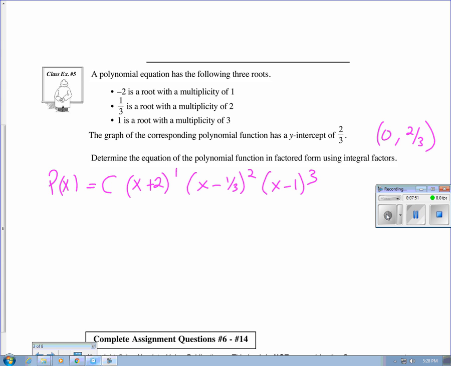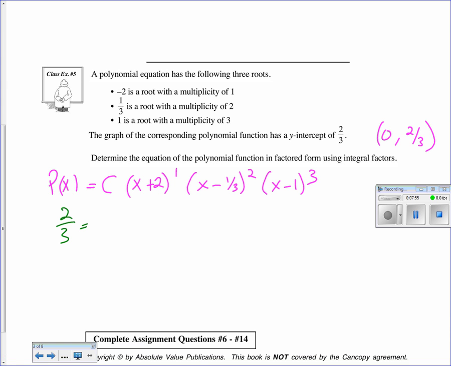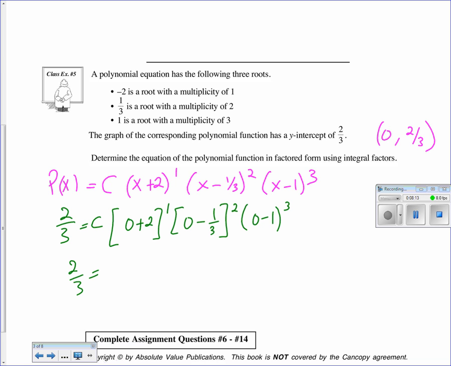All right, so x is 0 and my y is 2/3. So 2/3 equals c times 0 plus 2 to the 1, 0 minus 1/3 squared, and 0 minus 1 cubed. So 2/3 is equal to c times 2 times 1/9 times negative 1.